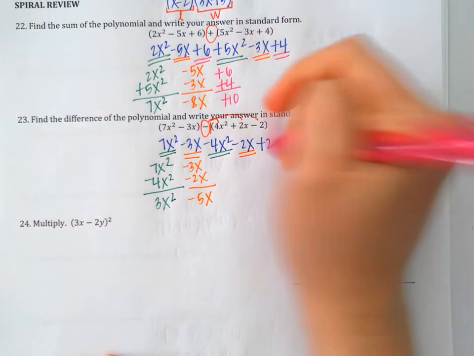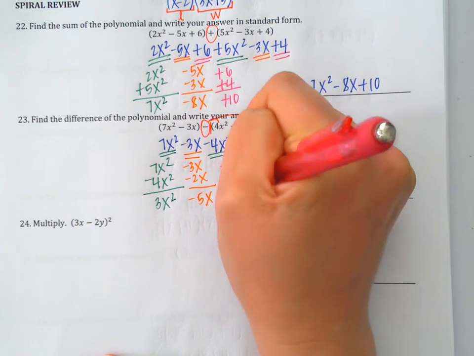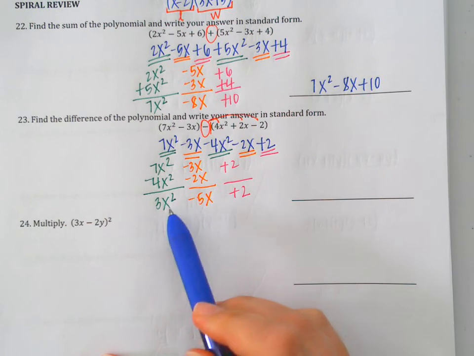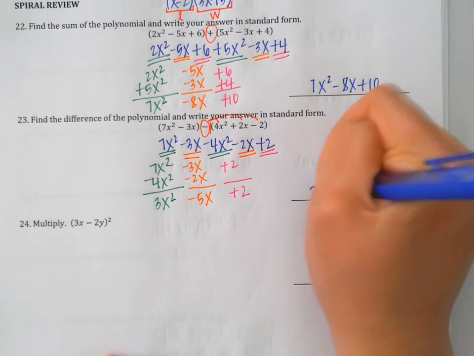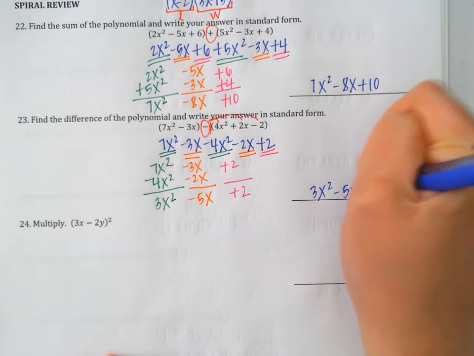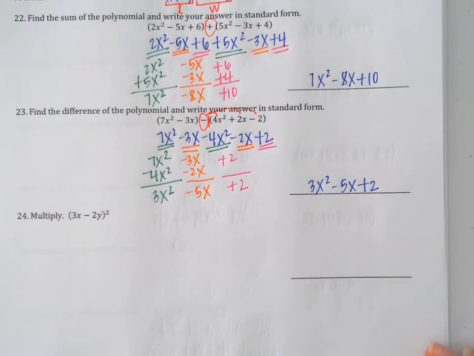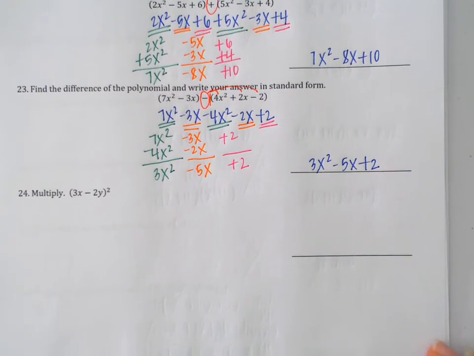And then 2 doesn't have anything that it can combine with, so we just leave it as is. And then we want to write it in standard form. So highest exponent to number, so 3x squared minus 5x plus 2. And that is that. And then our last one, multiply 3x minus 2y squared.